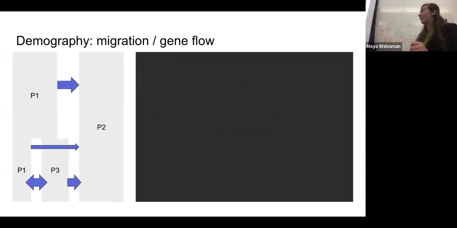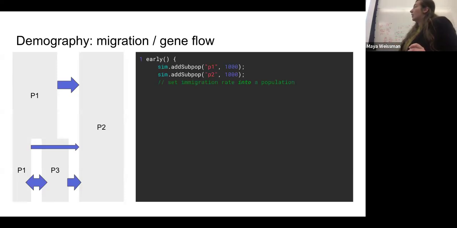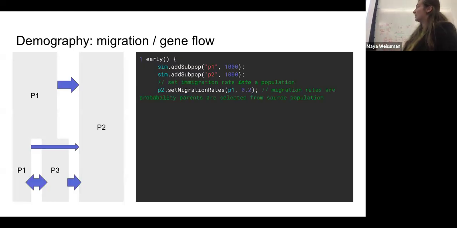You can also specify migration and gene flow in SLiM. So using a similar kind of scenario, when we create these populations, we can also set migration rates. SLiM uses immigration rates into a population. So if I say P2 set migration rates, I am saying that the migration rate into P2 from P1 is 0.2.